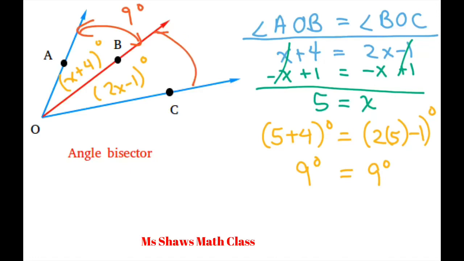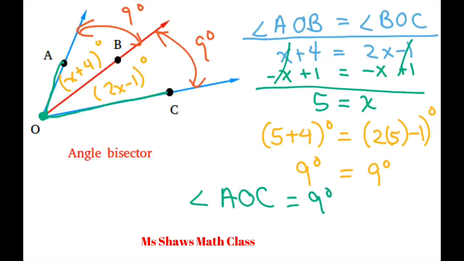And so if we're looking for angle AOC, there's your vertex, AOC equals 9 degrees plus 9 degrees, which equals 18 degrees. And that's it.